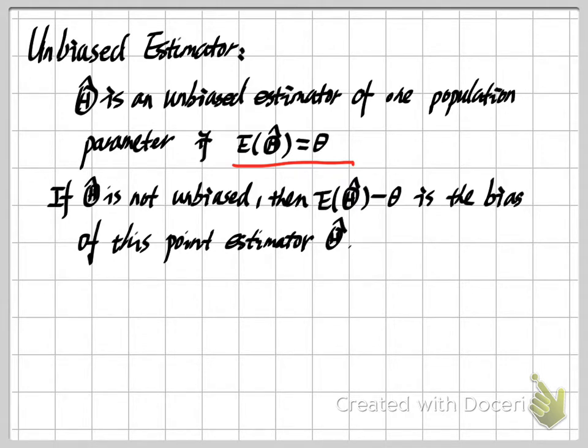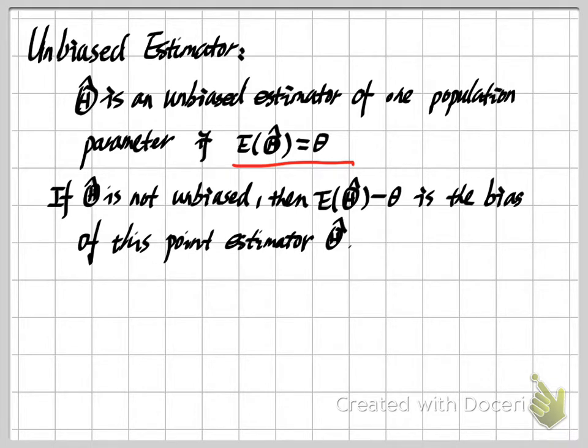However, if this equation doesn't hold, then this distance is not zero. In that case, we say the difference between the expected value of our estimator and the population parameter is the bias of this point estimator.